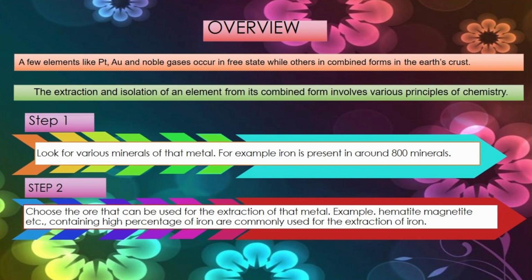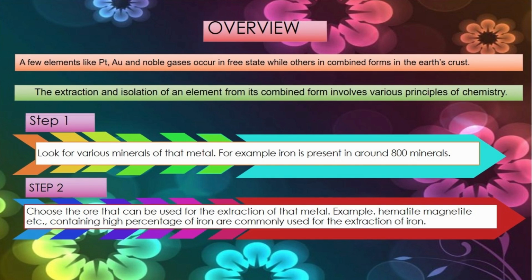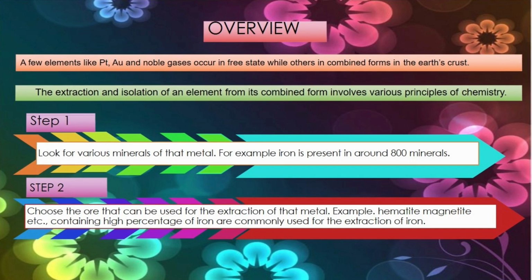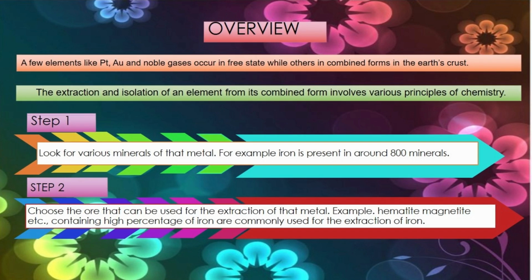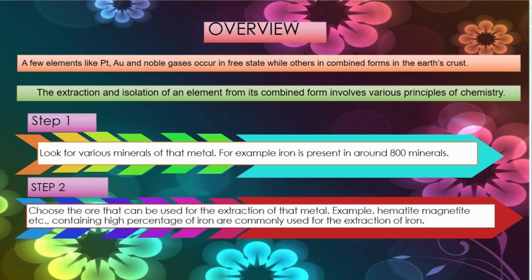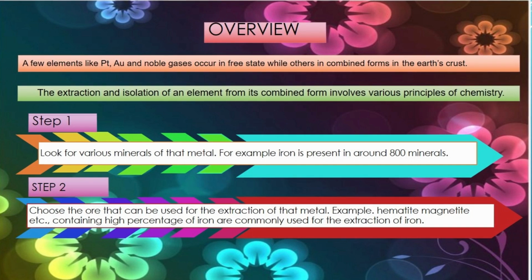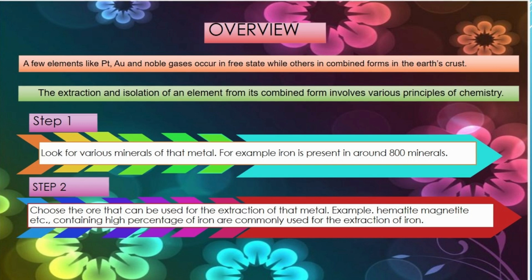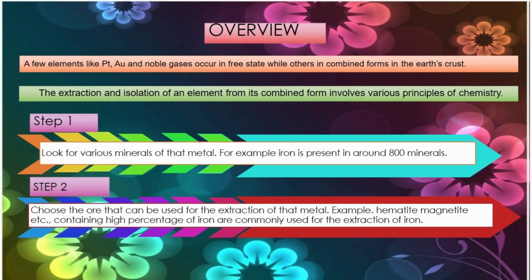Though iron is present in 800 minerals, only from a few minerals can the iron be profitably extracted. That is, only from hematite and magnetite minerals. So those minerals we call ores. So step 2 is that you have to choose the ore from which the metal can be profitably extracted.